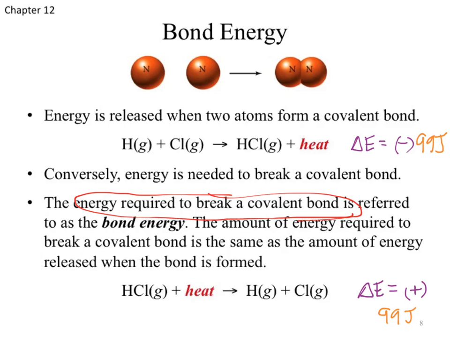Negative 99, because the bond energy referred to breaking it. If I want to make it, I have to change the sign. Signs are really, really important to watch out for. Make sure you know what they mean beyond just positive and negative.